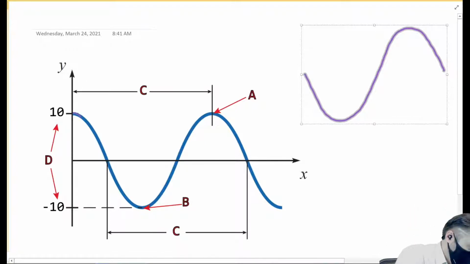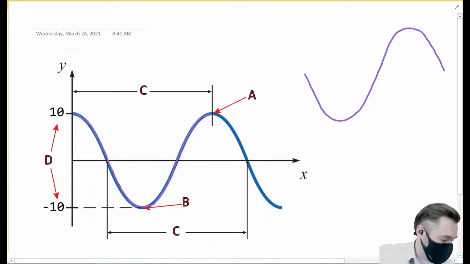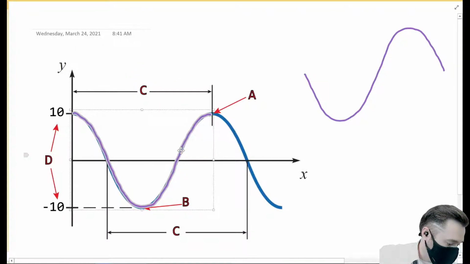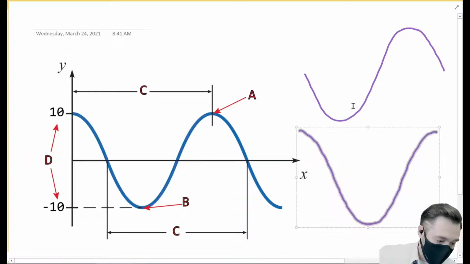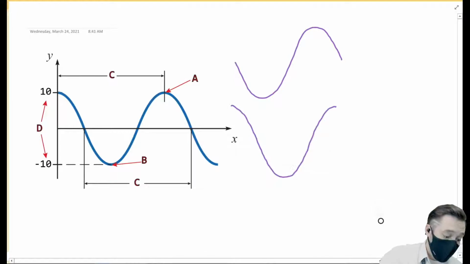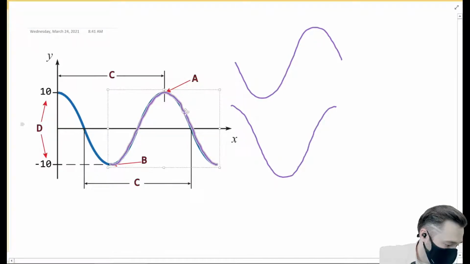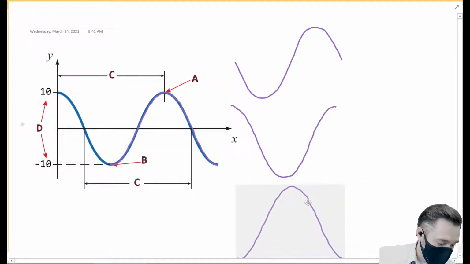I can go from peak to peak, like so, and that's represented by this letter C. So I can move that over here. That's another version of the wavelength. Or the third iteration of it is I can start at the trough, go all the way up, and then back down to the trough. So that's the third way to represent the wavelength.